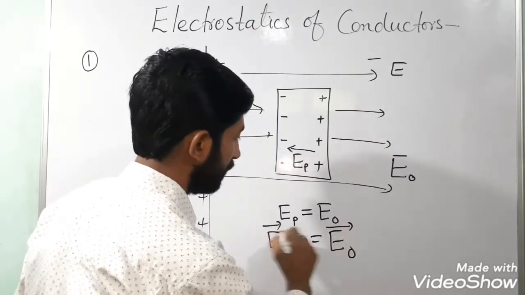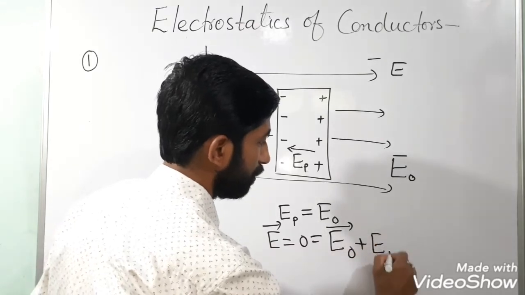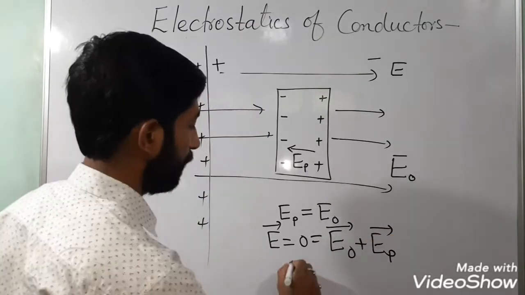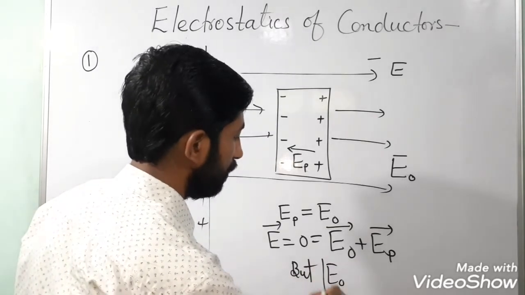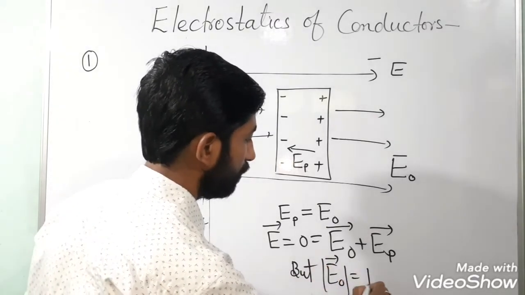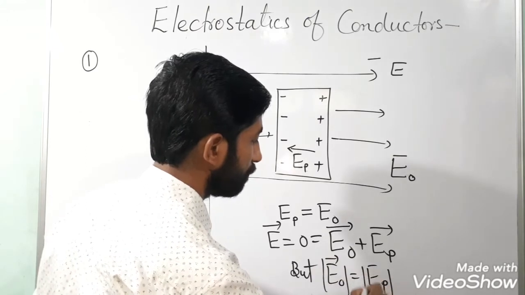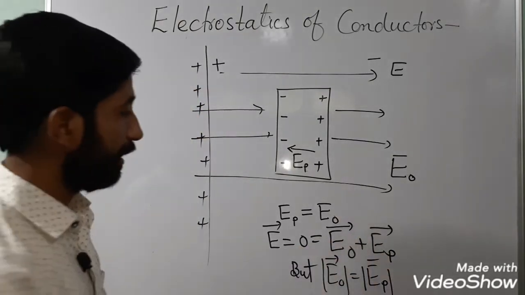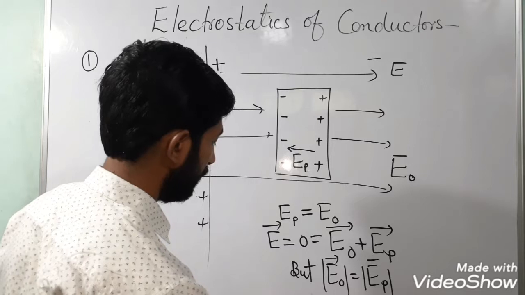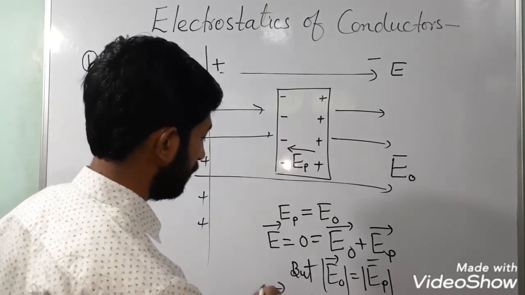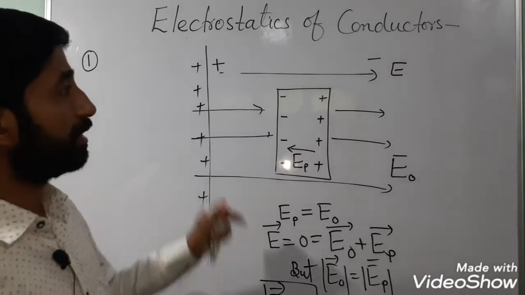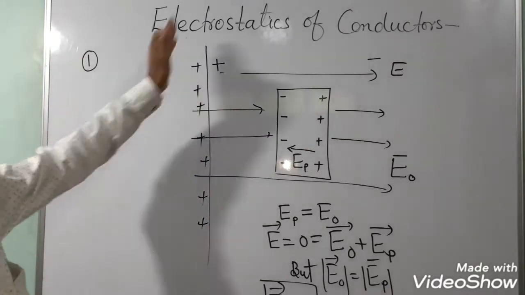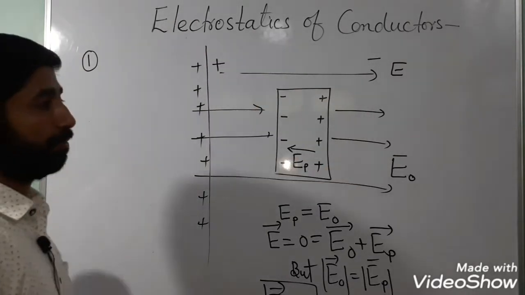This is a vector sum of two quantities. The mod of E outer is equal to the mod of E induced field, and that's why the net electric field inside the conductor becomes 0. Okay, this is the first property, that inside the conductor the electric field is always 0.